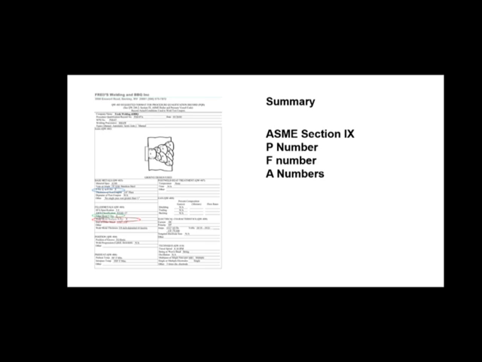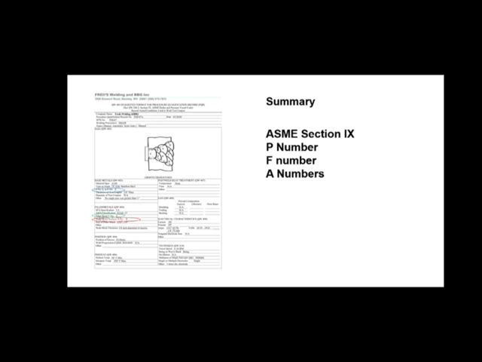And once again, we have A numbers for ferrous materials like that. If the filler metals are both F6s, your carbon steel would be an F6A1 and your stainless steel would be an F6A8.